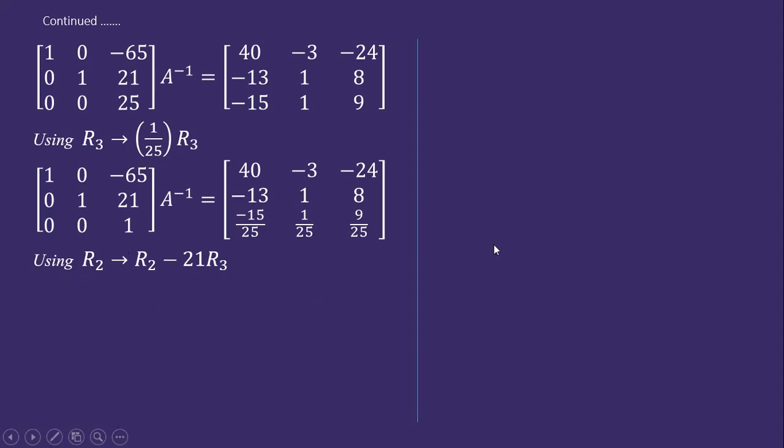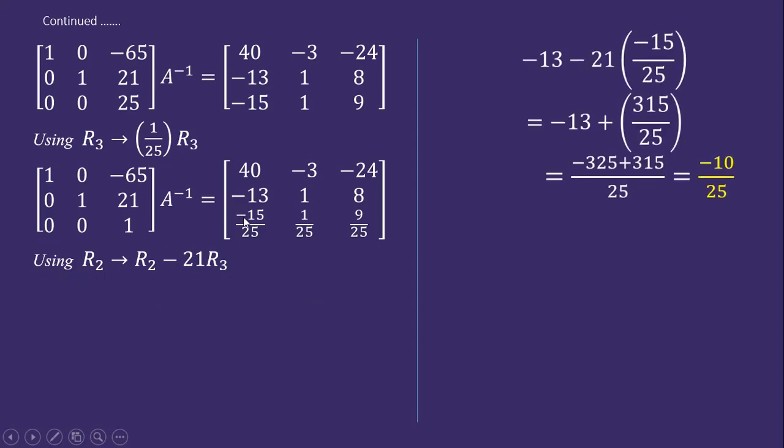Now here in the second row, 0, 0, and 21 minus 1 into 20, we get 0 here. These calculations we do separately. Here R2 minus 21 R3, that is minus 13 minus 21 into minus 15 by 25.